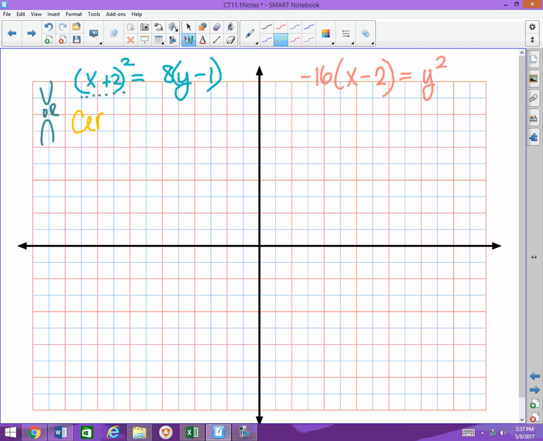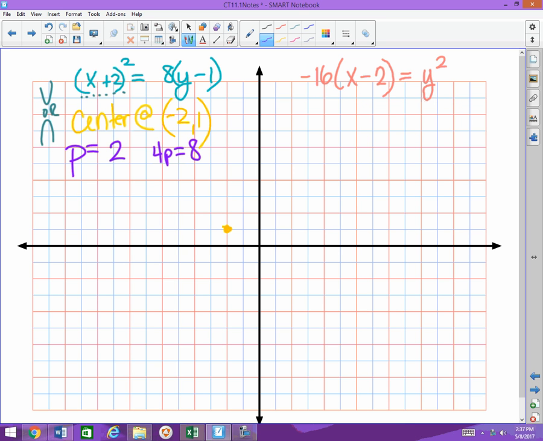The center here is at negative 2, 1. And the value of p is equal to 2, because 4p must equal 8. And so p has to be 2.